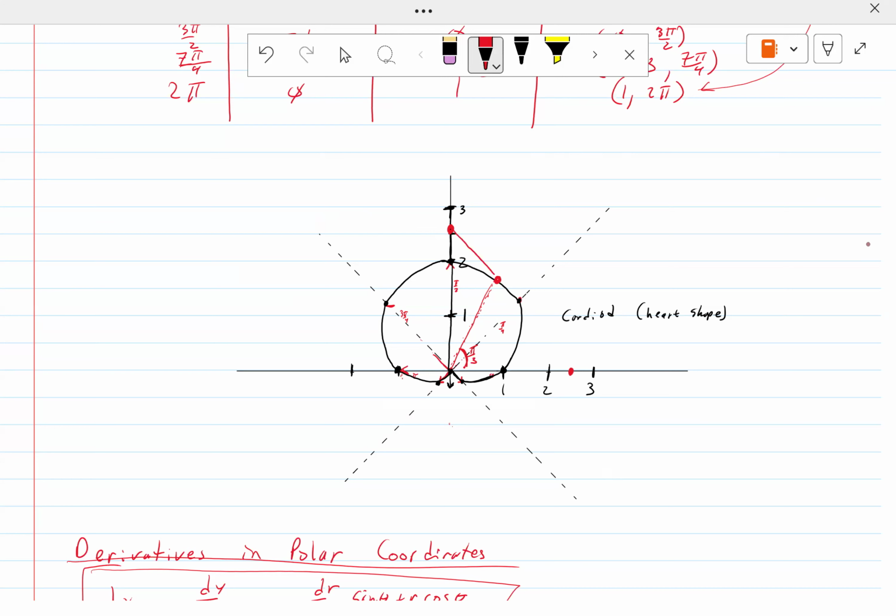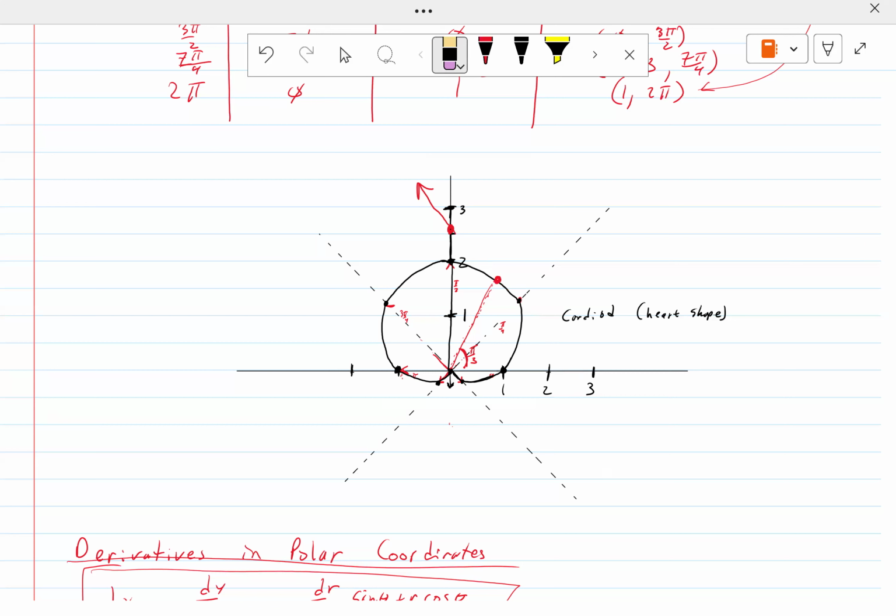And so my tangent line will go through that point here. Again, mine's not going to be as exact.